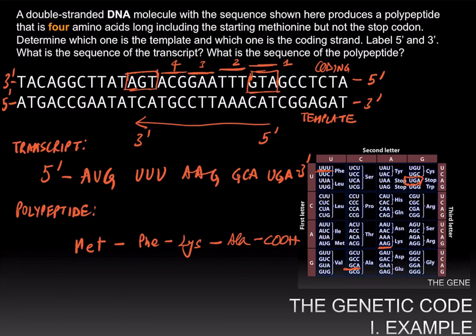And here we have the polypeptide of 4 amino acids that would be translated from the transcript that arises from this double-stranded DNA molecule.